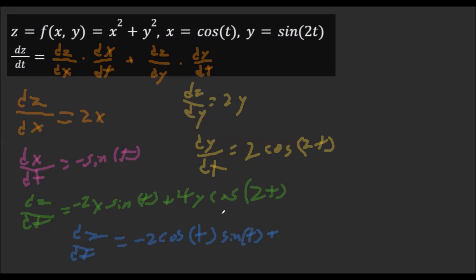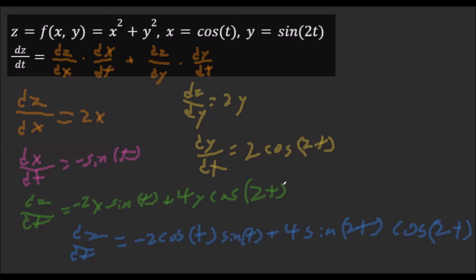Plus 4 times y cosine of 2t, but y has to be equal to sine of 2t. And so we're going to replace y with sine of 2t, which results in 4 sine of 2t times cosine of 2t. And that is the derivative of z with respect to t of our multivariable equation.